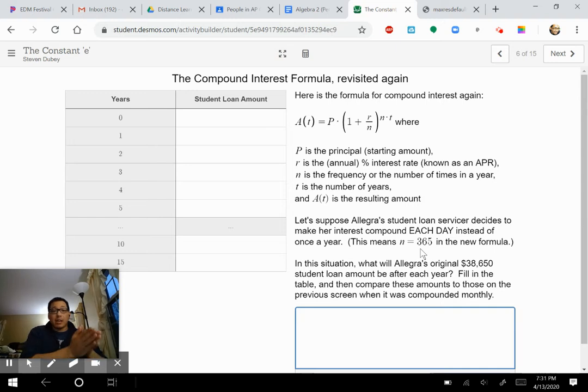If you said that the interest, even though she's going to be paying a smaller amount each day, is going to compound even more on itself, if you said that her amount will be even larger, that's right. It will grow. It will be even larger than before.